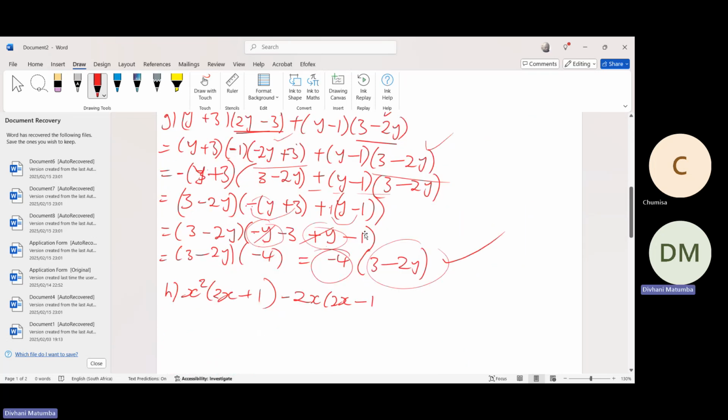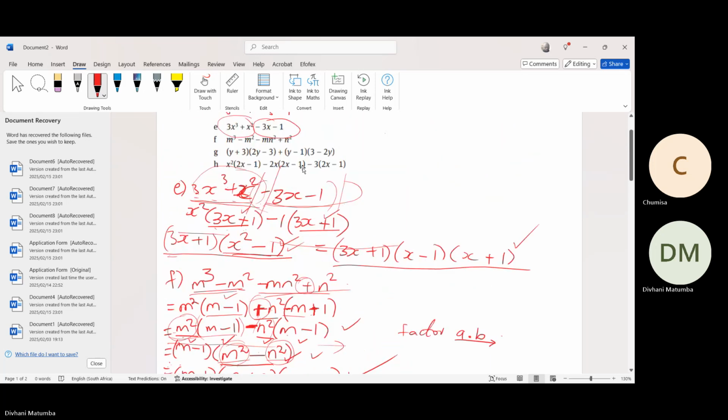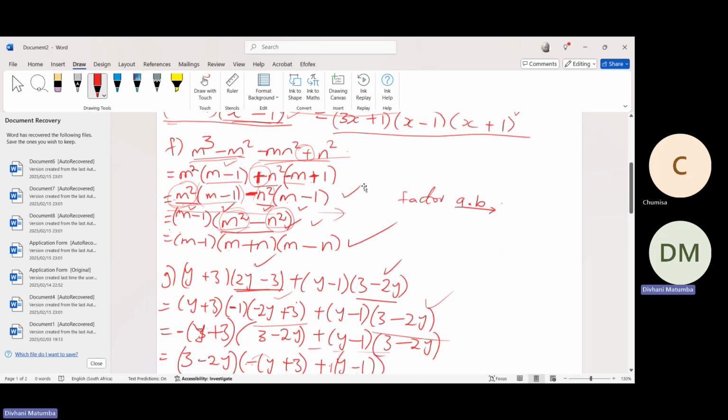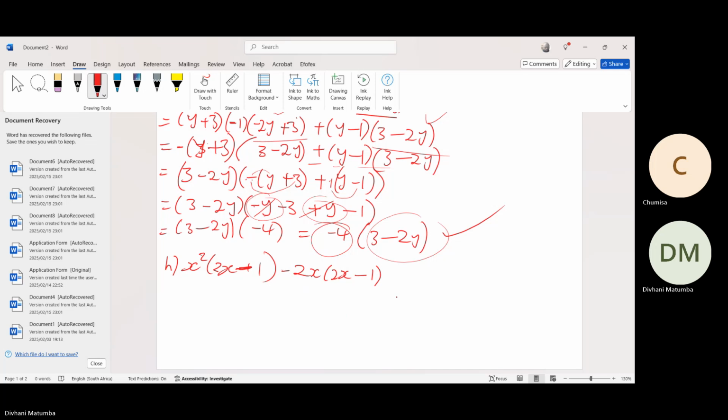No, the first one is a minus 1. It's not a plus 1, sorry. Minus 1. Then minus 3 into 2x minus 1.